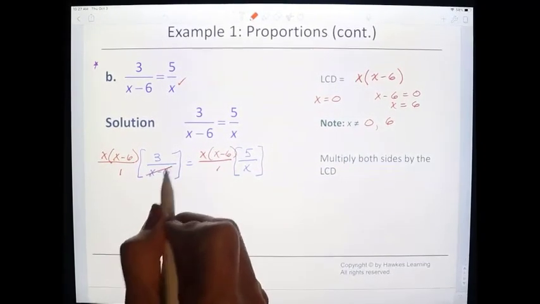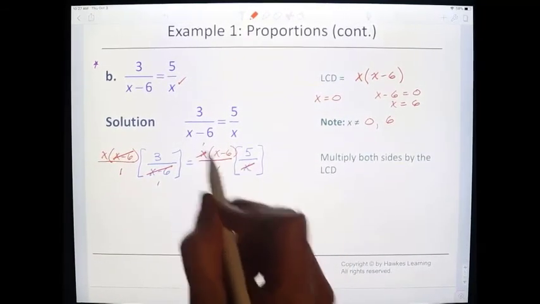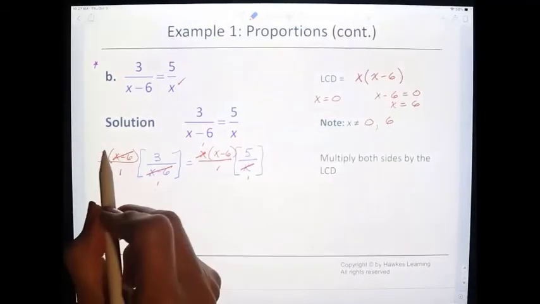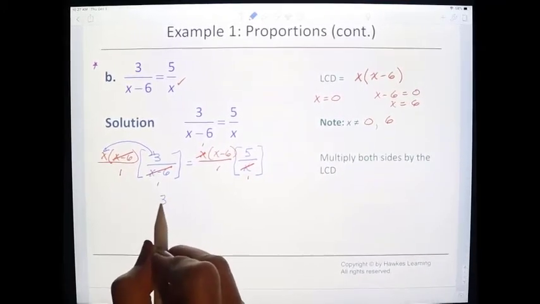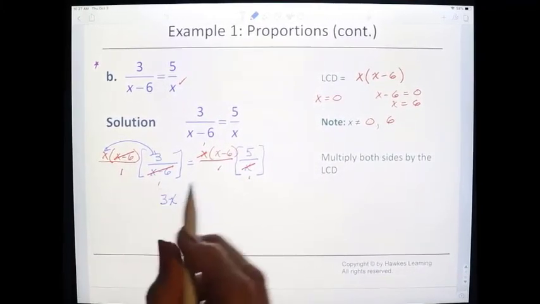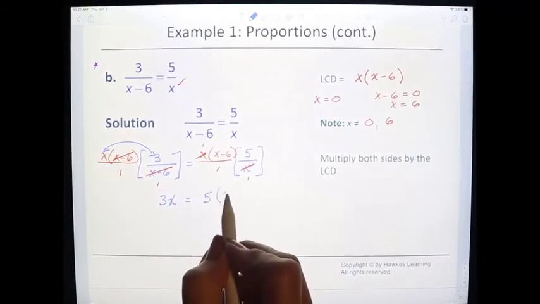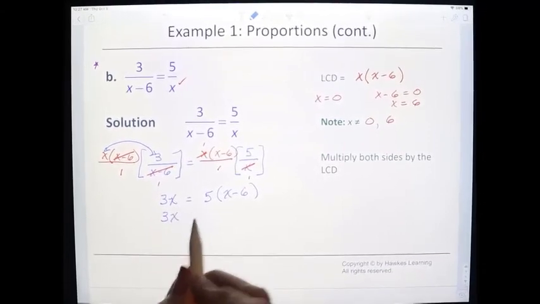And why did we do that? We did that because we wanted to see these cancellations occurring here, because we are clearing out the fraction form. Okay, so be careful. Here's a 3 and an x left up there, nothing down here but 1, so I don't write that denominator down. And then here's a 5 times an x minus 6. I'm going to go ahead and write that down and distribute so I don't make any mistakes.